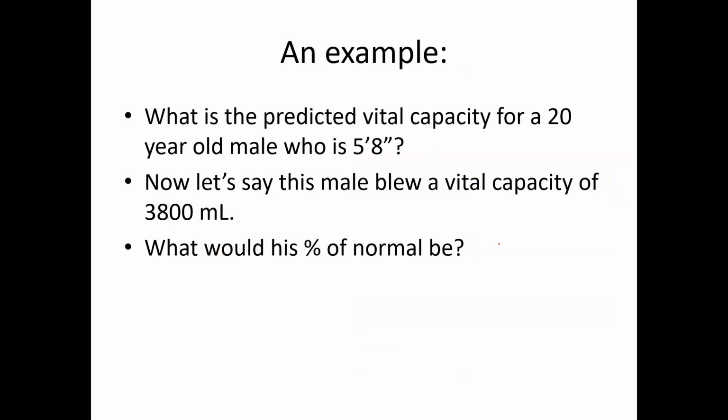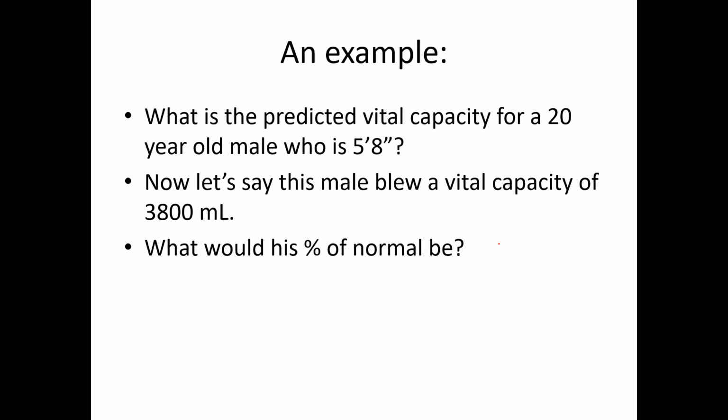Okay. So we're still going to practice like we could do the math on a person. There's two charts on pages 166 and 167. It's even color-coded, pink for girls, blue for boys. We're going to be starting with a man. It says, what is the predicted vital capacity for a 20-year-old male who is 5'8"?